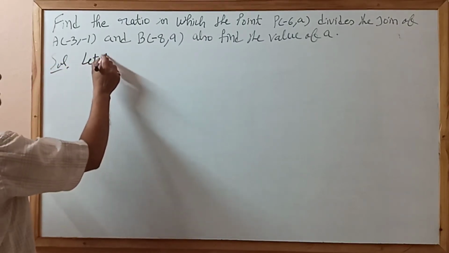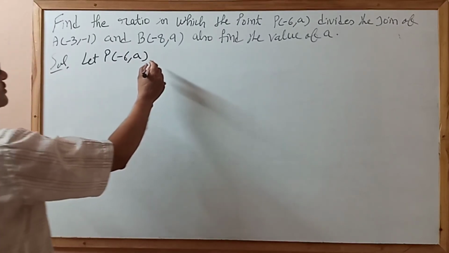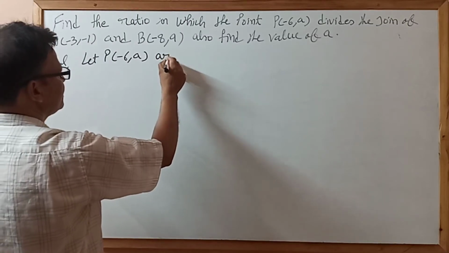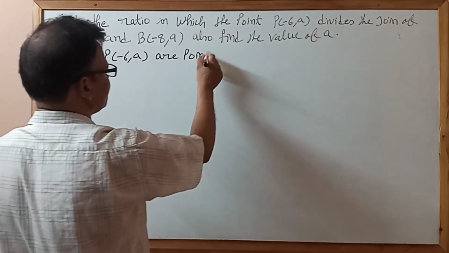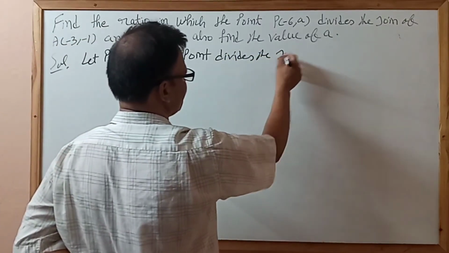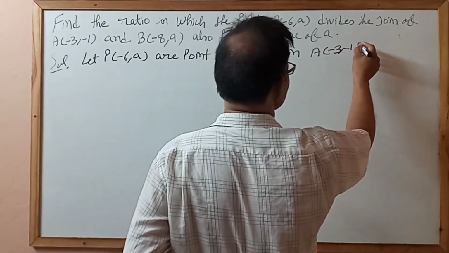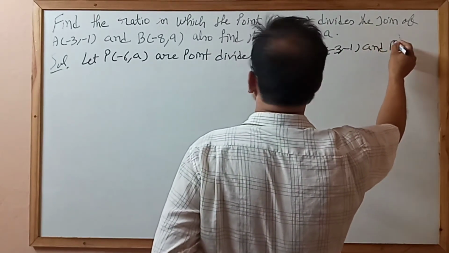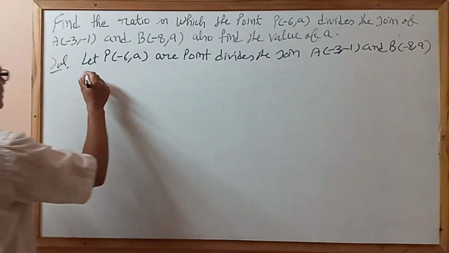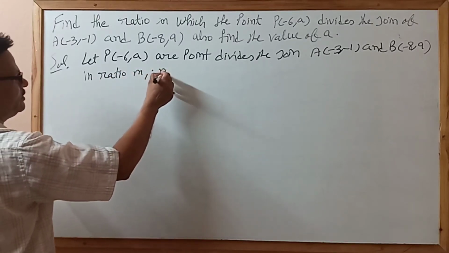Let P (-6, a) be the point that divides the join of A (-3, -1) and B (-8, 9) in ratio, say, m1 m2.